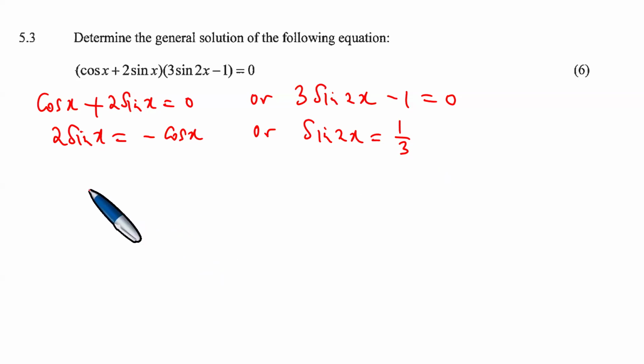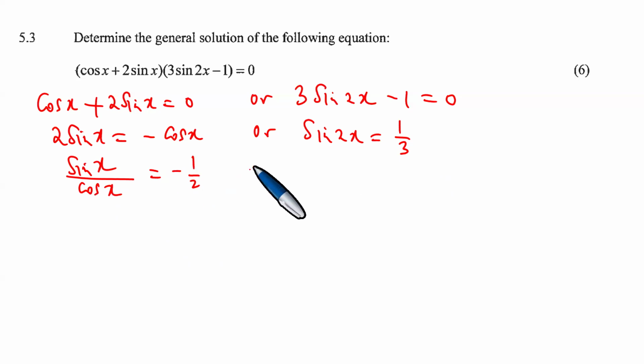We perform a simplification. If you divide by the cosine and by the 2, we get sine of x divided by cosine x, which equals minus 1/2, or sine of 2x equals 1/3.